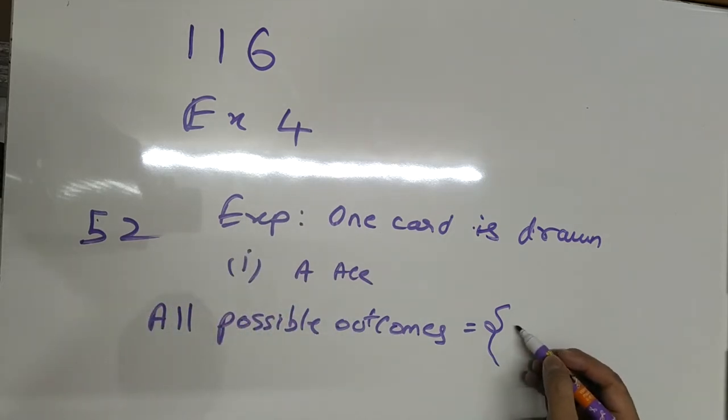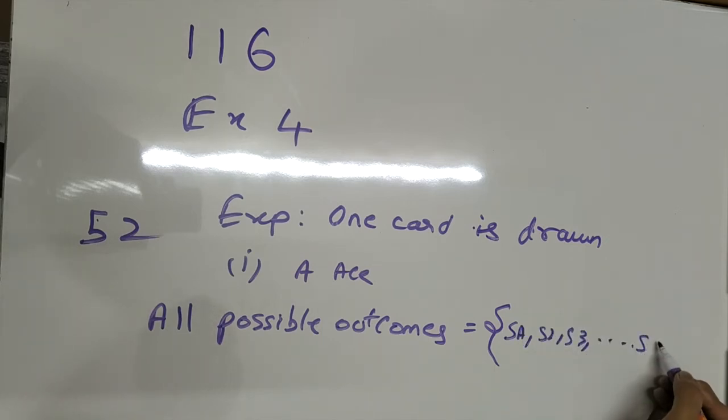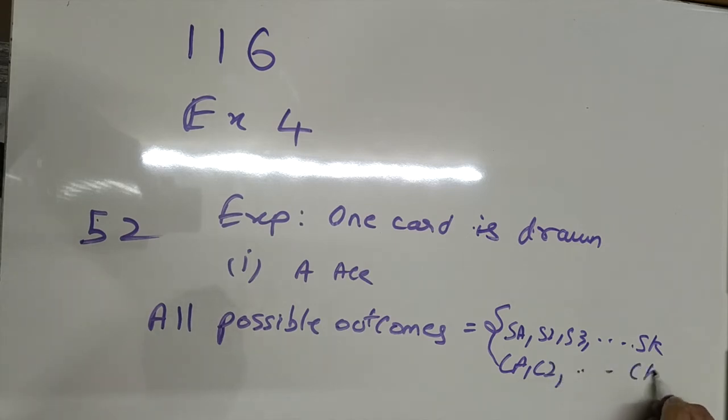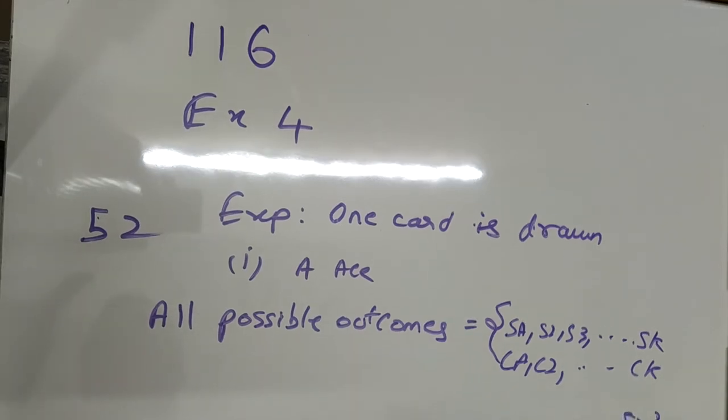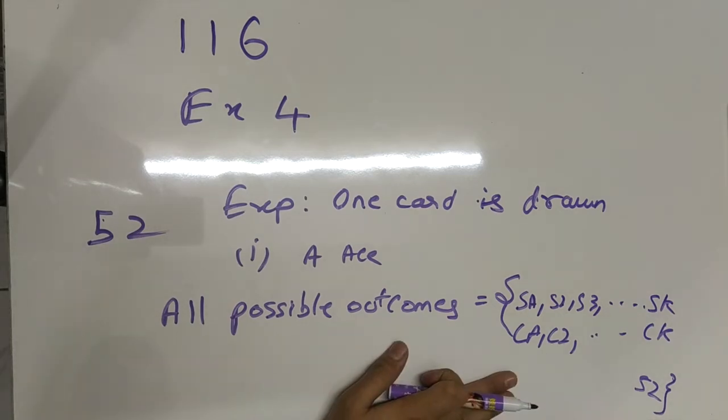It could be spade ace, spade 2, spade 3, and so on up to spade king. Similarly, it could be club ace, club 2 up to club king. Like that it can be all the 52 cards. So there are 52 possibilities. This is all possible outcomes.